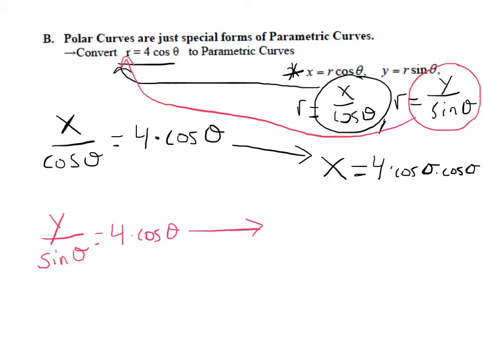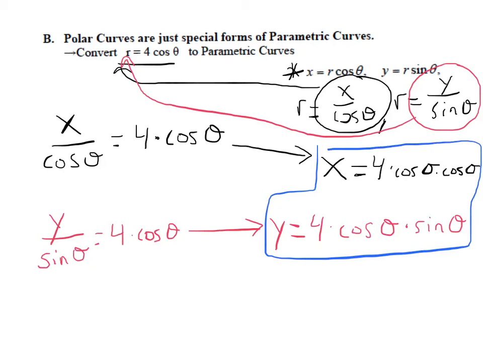Again, my goal is to solve for y, so I multiply both sides by sine this time, and I get y equals 4 times cosine of theta times sine of theta. And so now I have two different equations, one for x, one for y, involving a third variable. In this case it's theta, and I'll show you in class how this original equation really does match up with the parametric equations we just found.